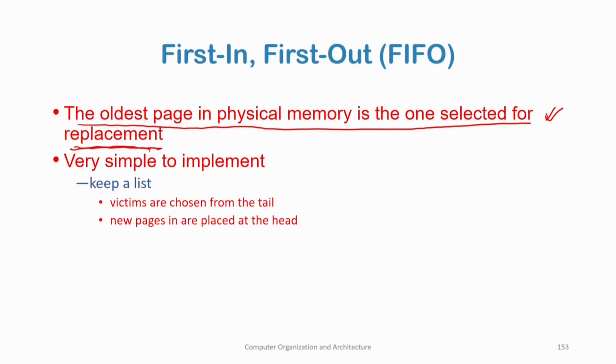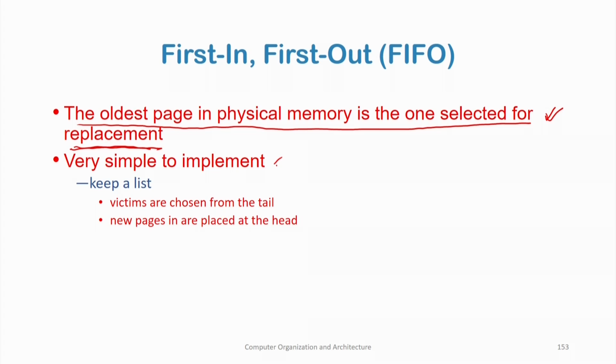Whichever page has first come into the physical memory should be the first one to go out as well. So, I will choose that page for replacement which was brought into physical memory the earliest among all physical pages that we have in memory. Whoever was brought in the earliest, the oldest one, will be replaced.